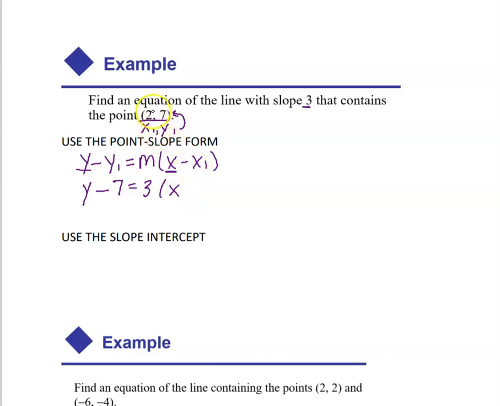Then x minus x1, which is our x coordinate. Now most of the time you're not going to leave it this way. We would want to move this around so it says y equals. That's not that hard to do. This is supposed to be minus.